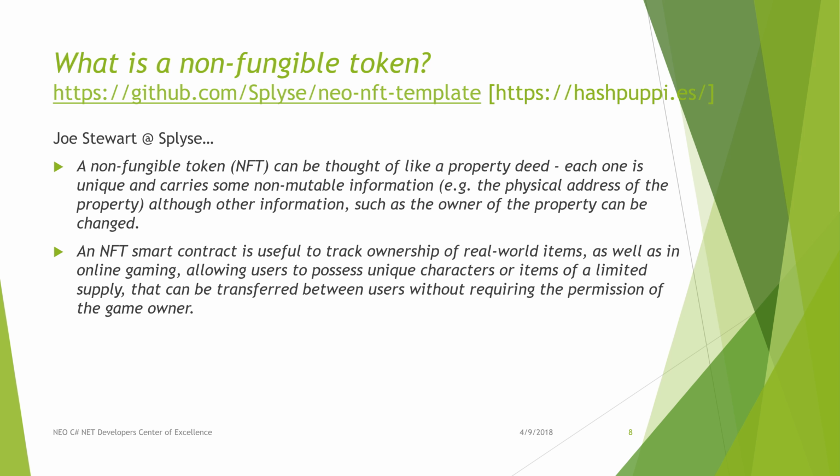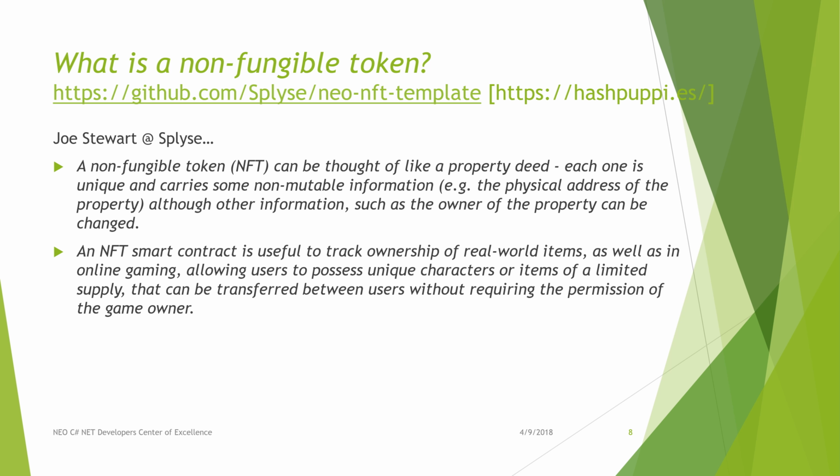And in the GitHub repository, he has a Neo non-fungible token template written in Python. And in part of the documentation for his project, he uses these words. A non-fungible token can be thought of like a property deed. Each one carries a unique and immutable address, for example, the physical address of the property.